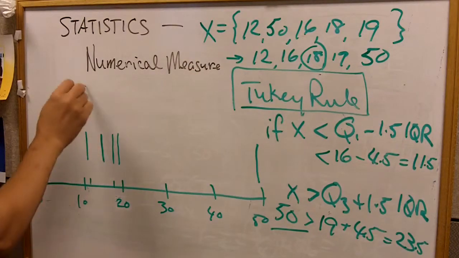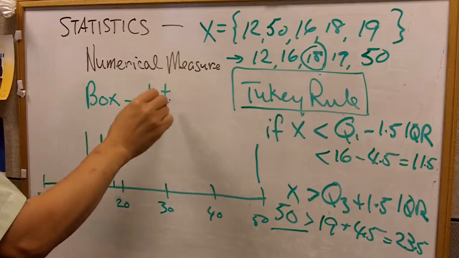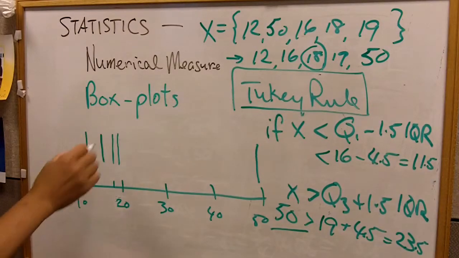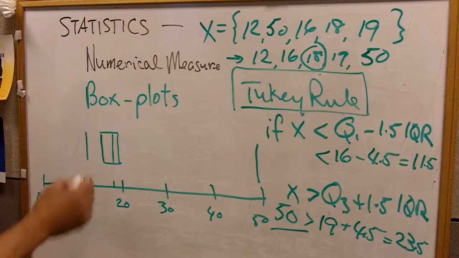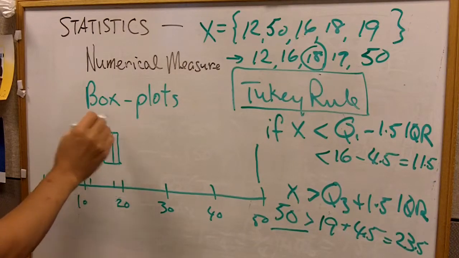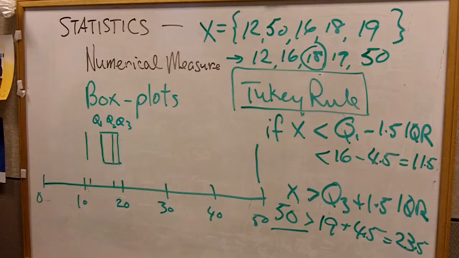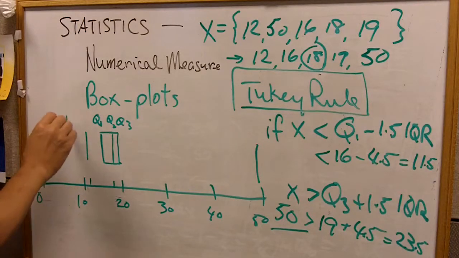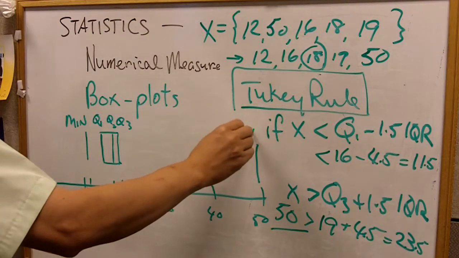So why do we call it a box plot? We are defining a box that is created between Q1 and Q3, and in the middle we have Q2, which is the median, and then we have the min, which is 12, and the max is right here.